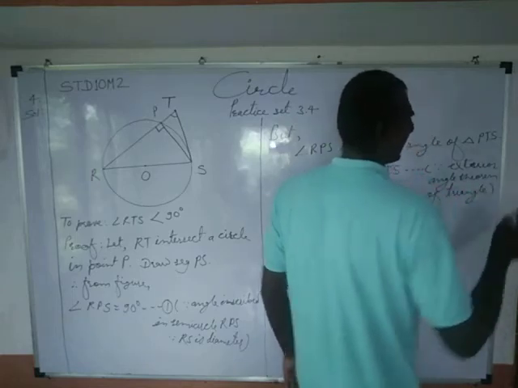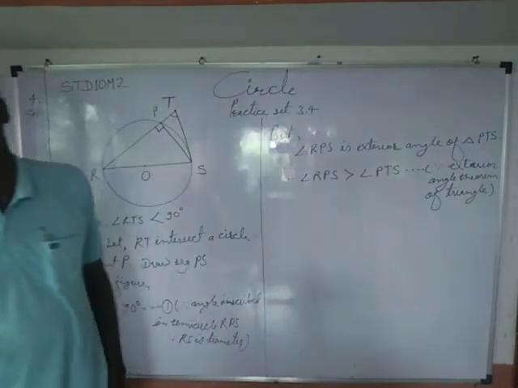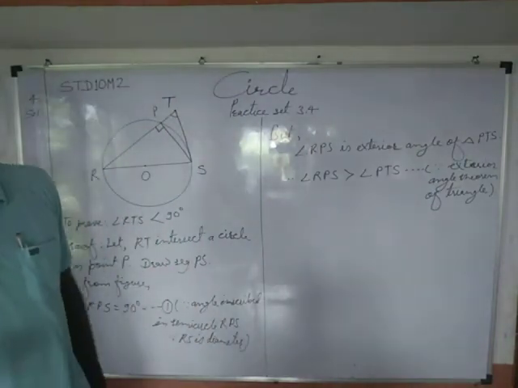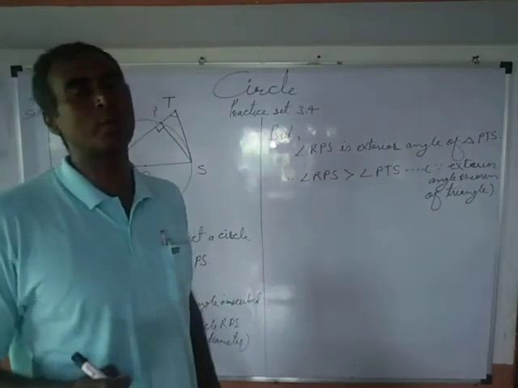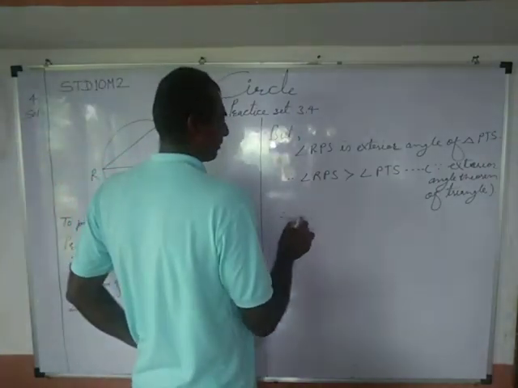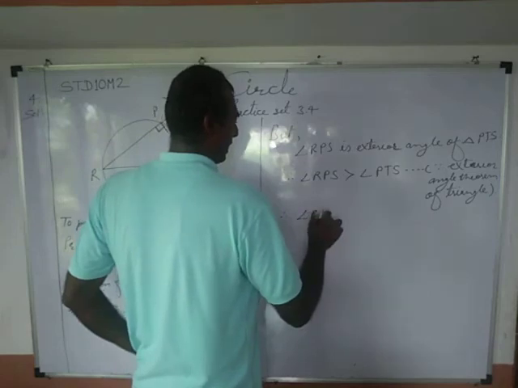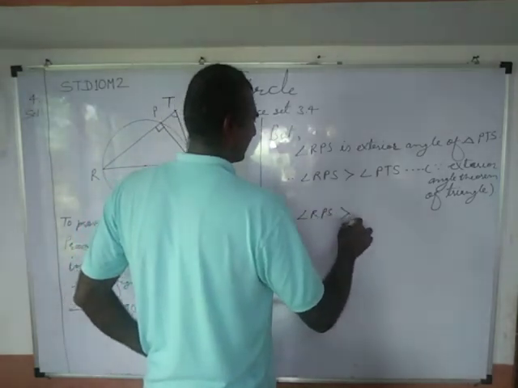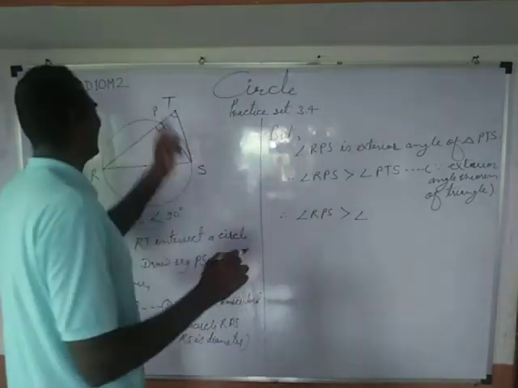And what is the exterior angle theorem of a triangle? The exterior angle of a triangle is greater than each of its remote interior angles. And therefore angle RPS is greater than angle PTS.